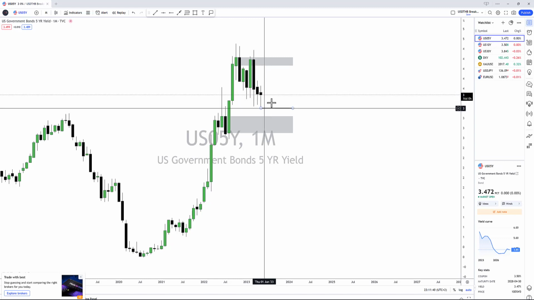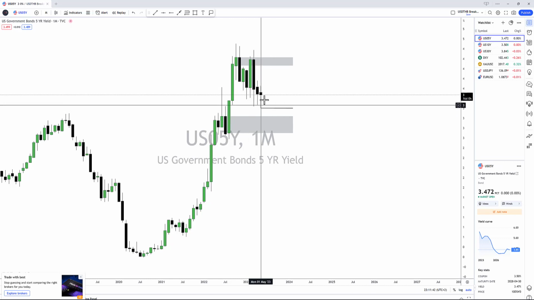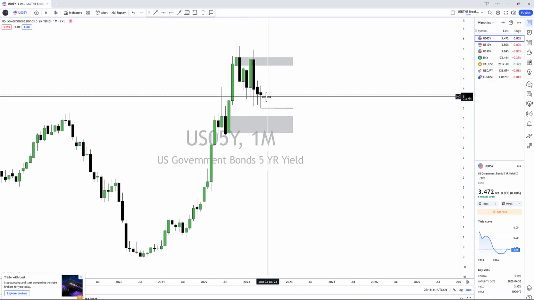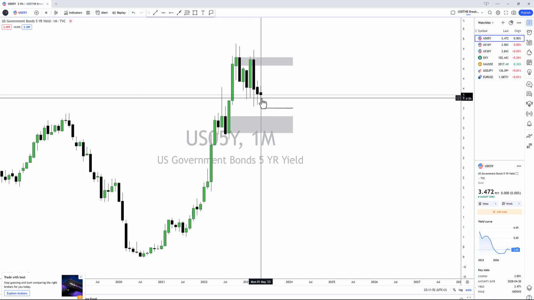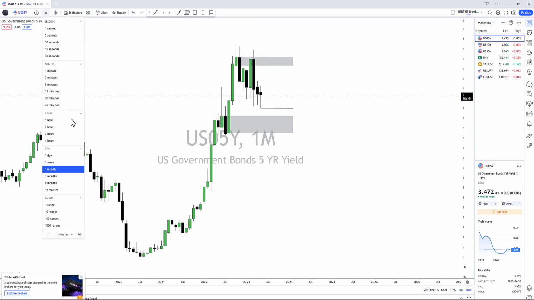What do you think was the effect of this movement to the upside on dollar? A bullish dollar, right? Which is what we saw, I think, Thursday and Friday. We saw a very strong bullish dollar, and it won't be surprising if I go to the daily chart on the US government 5-year yields.